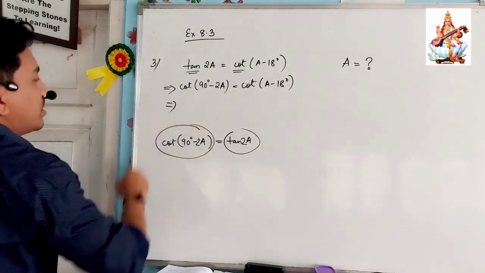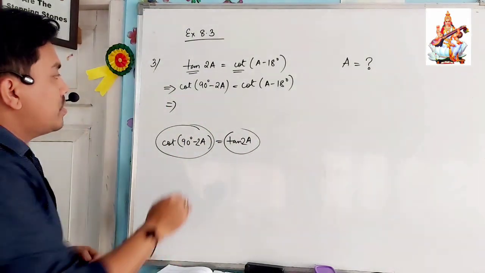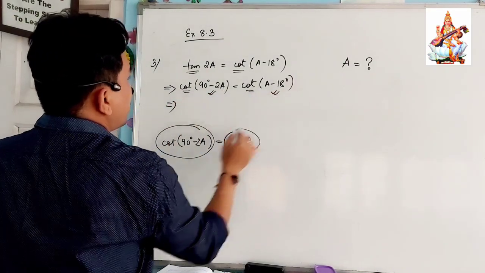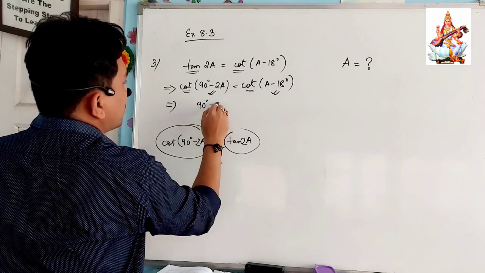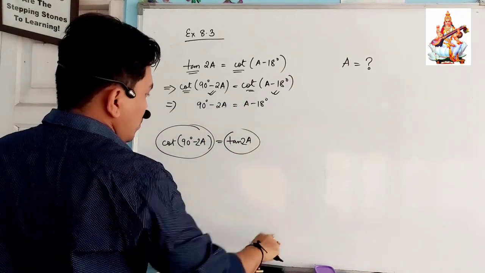Now can we see that on both sides the trigonometrical ratios are the same? Yes. If the ratios are the same, I told you the angles can be equated. So 90 degree minus 2a will be equal to a minus 18.